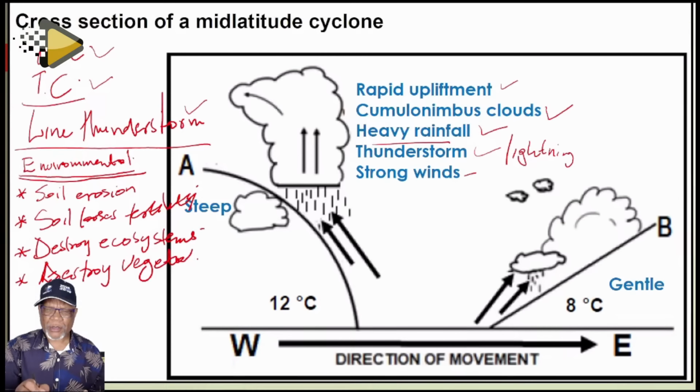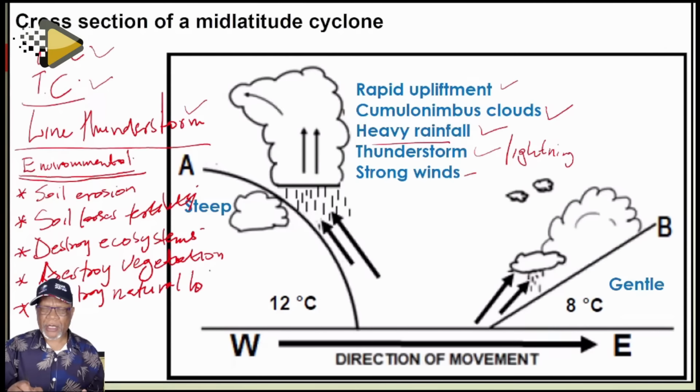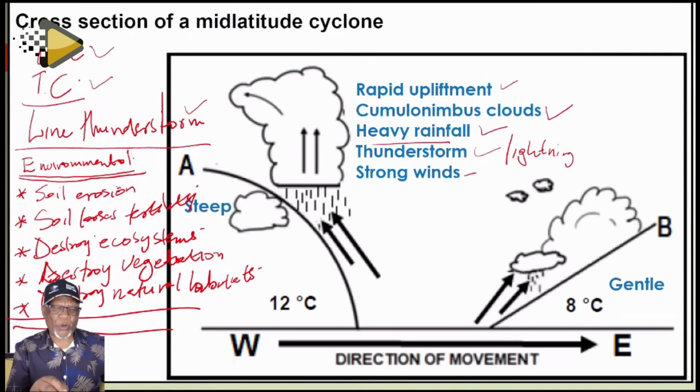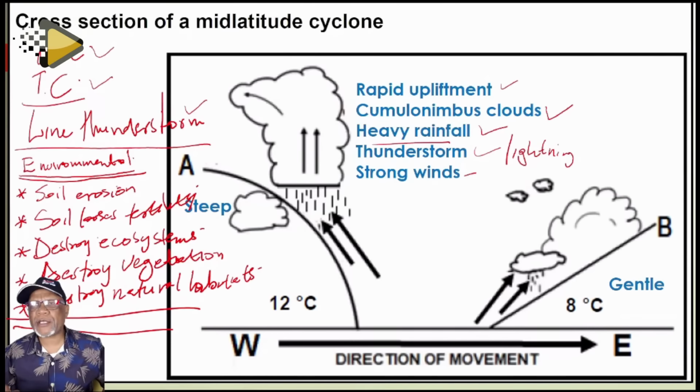This can also disrupt or destroy natural habitats. Now, these are five factors, or five impacts, of a mid-latitude cyclone on the natural environment.